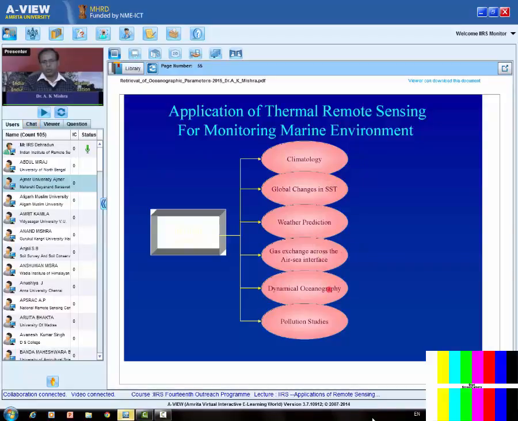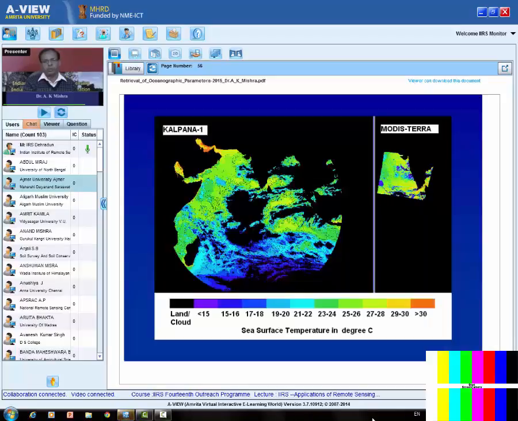And dynamical oceanography, you can see the warm currents, cold currents, etc. And where upwelling is occurring, those features you can identify easily using the thermal sensor data. And the pollution studies also can be carried out if you have a high resolution sensor.